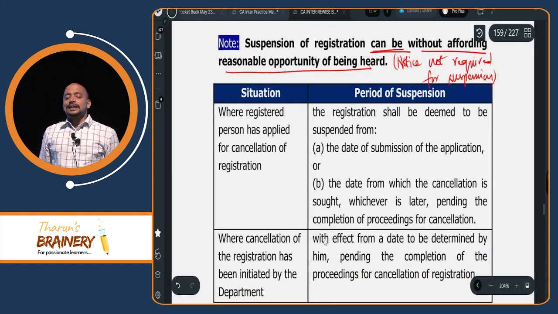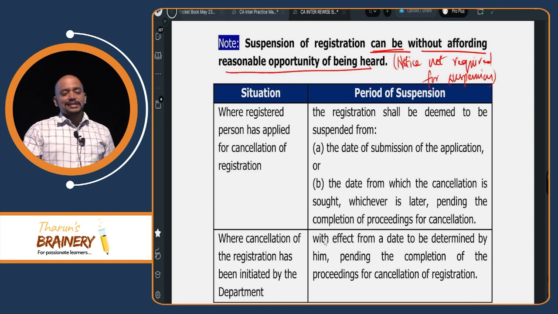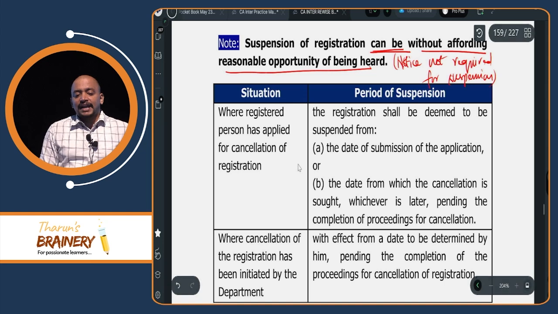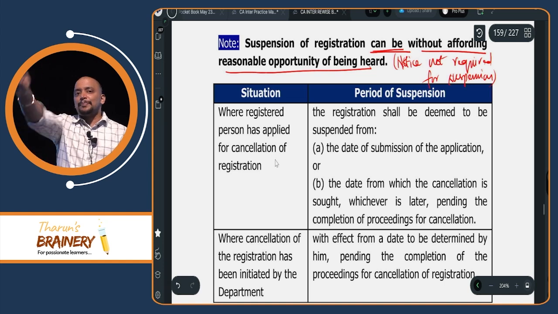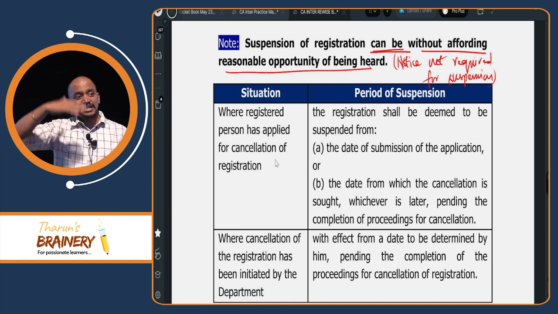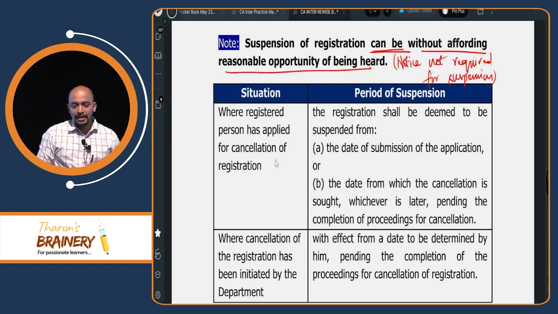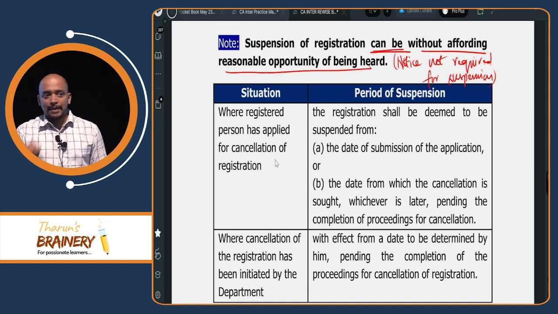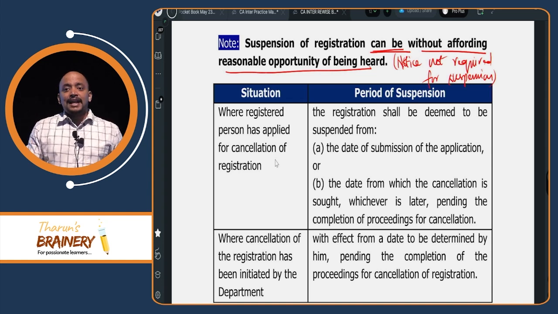Now, what is the period for which our registration will be suspended? Where the registered person has applied for cancellation of registration, the date he made application or the date selected in the application, whichever is later, till the conclusion of cancellation proceedings. For example, I am making an application today, say 31st March, and I selected 5th of April.